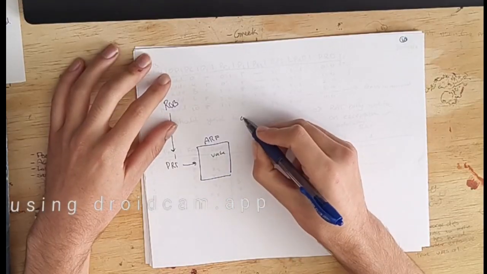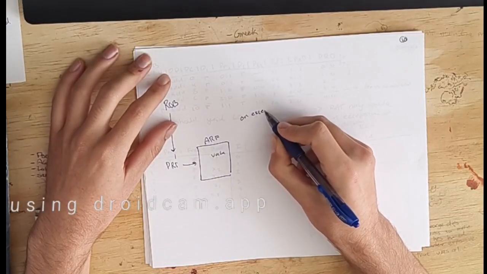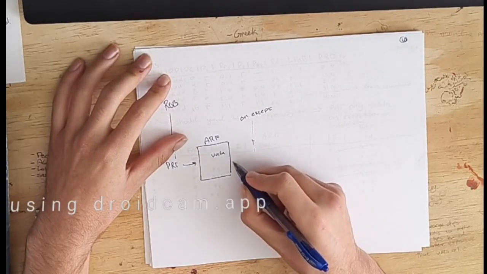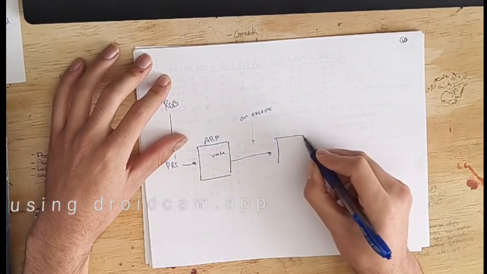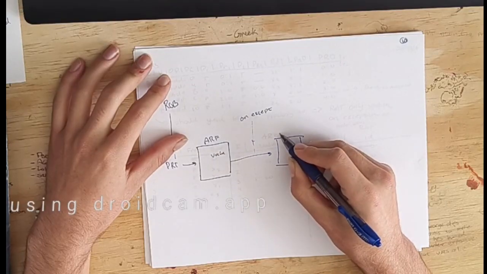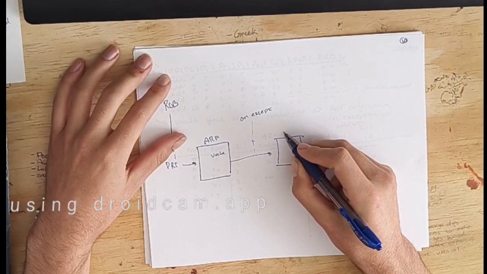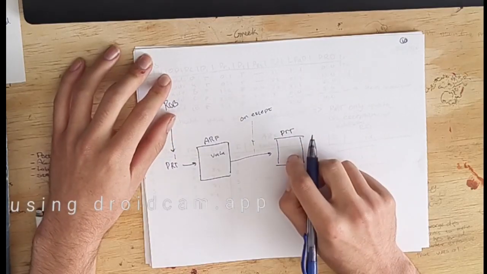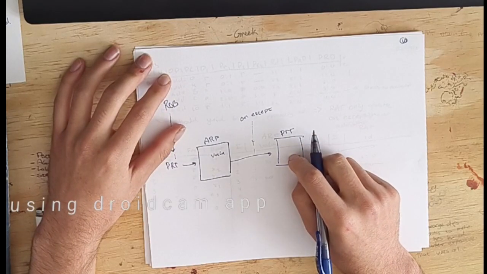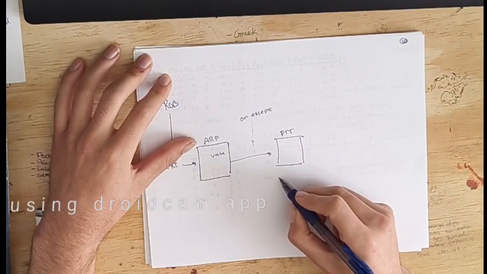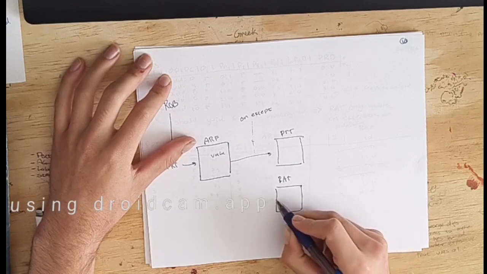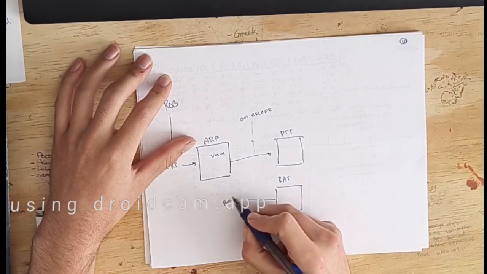And then on exception, the ARF is overwriting the PRT with the original values, and then the RAT just gets reset, right?